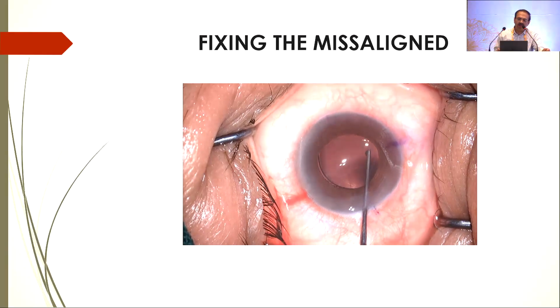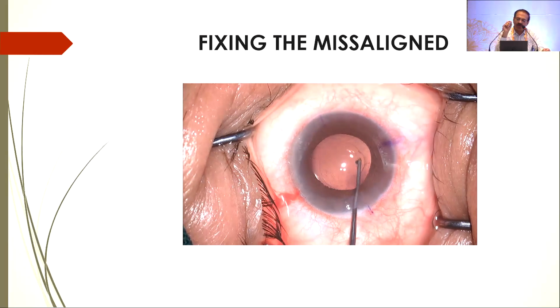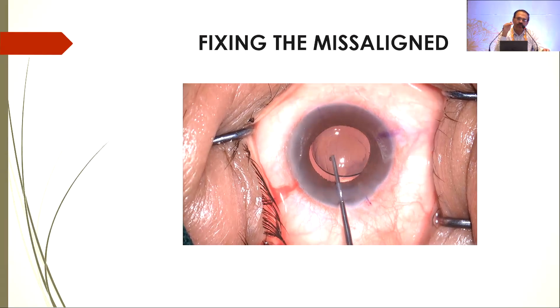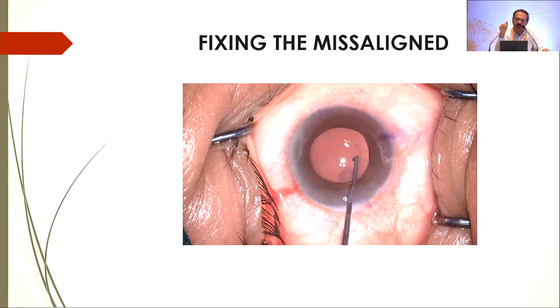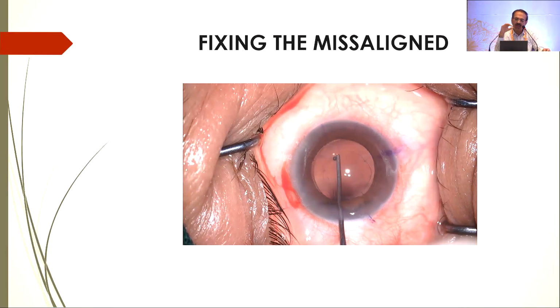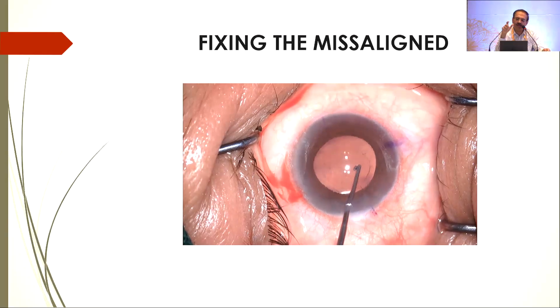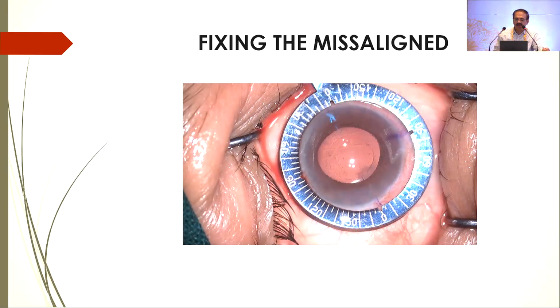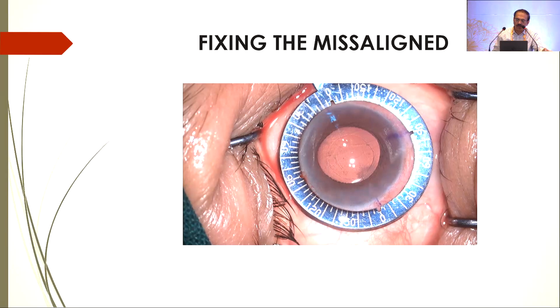After a slight disruption of the anterior capsular margin, we injected the visco, which went into a very smooth plane and dissected the lens from the anterior capsular margin, and the IOL could be easily rotated and placed in the right plane. The patient had an excellent post-operative result, and his astigmatism was neutralized.